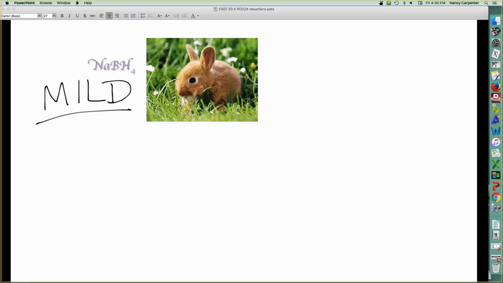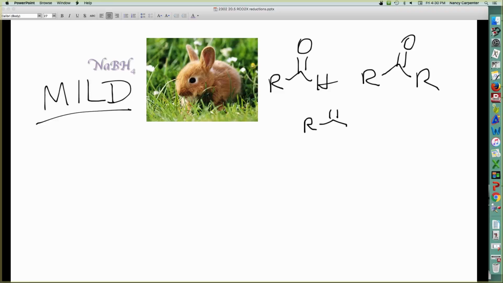So it is only going to reduce the strongest electrophiles, the most reactive electrophiles. So that means aldehydes and ketones. And maybe you can get it to reduce the highly reactive carboxylic acid derivatives like acid chlorides and anhydrides.